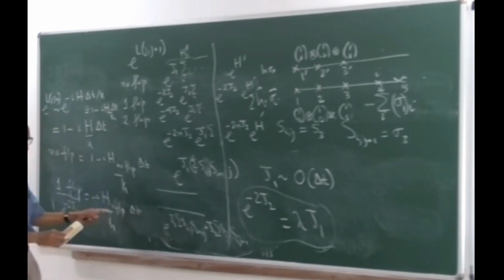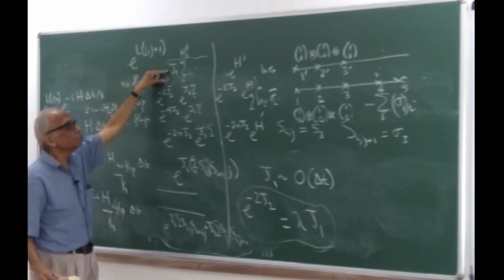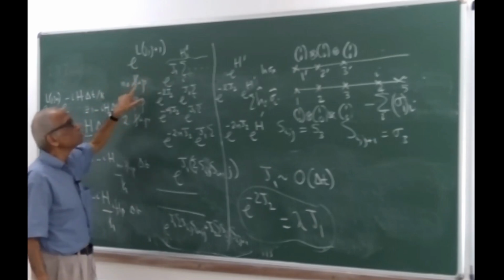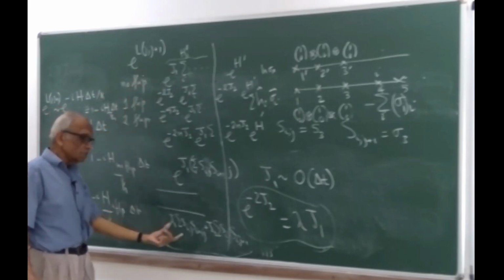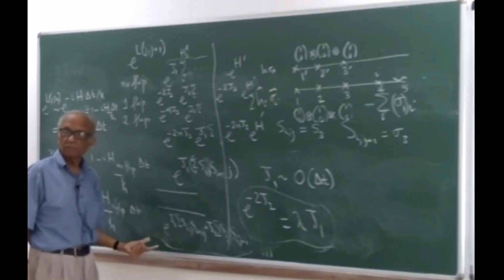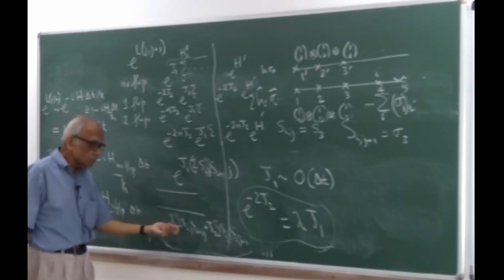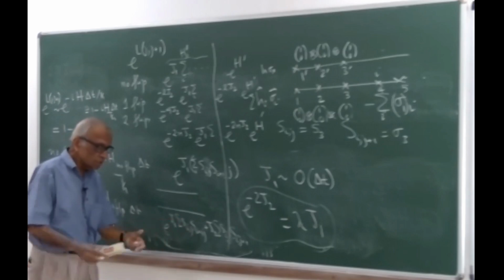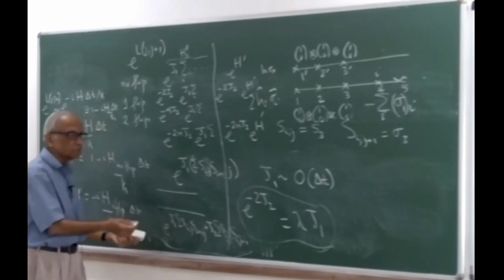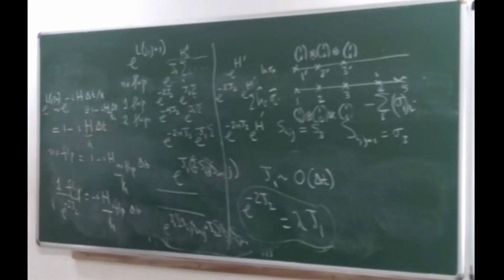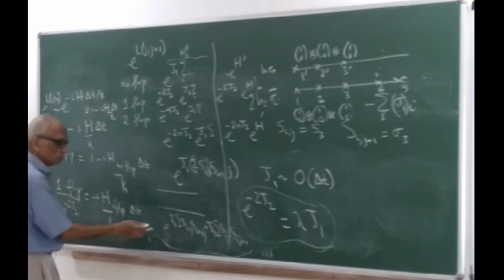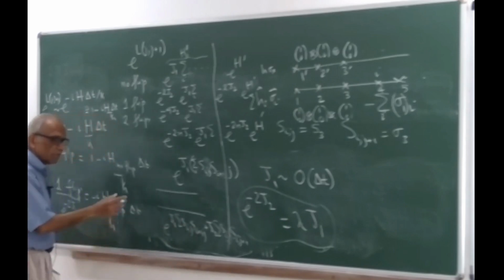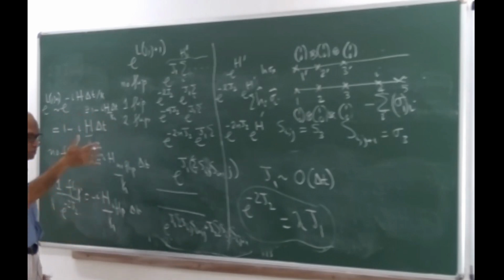This is along the line, and therefore it is always there. I mean, that is what it is. When it is no flip, that is the only part that is relevant. And what is that part? The S can be up or down, and therefore I can write it as sigma 3.